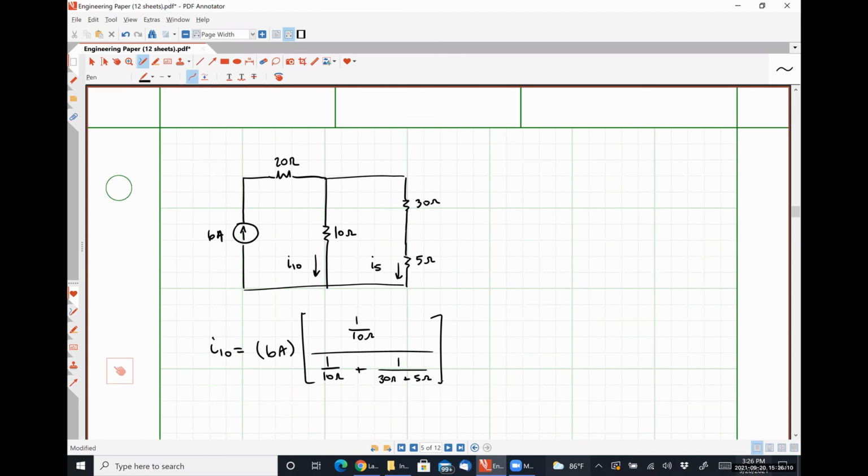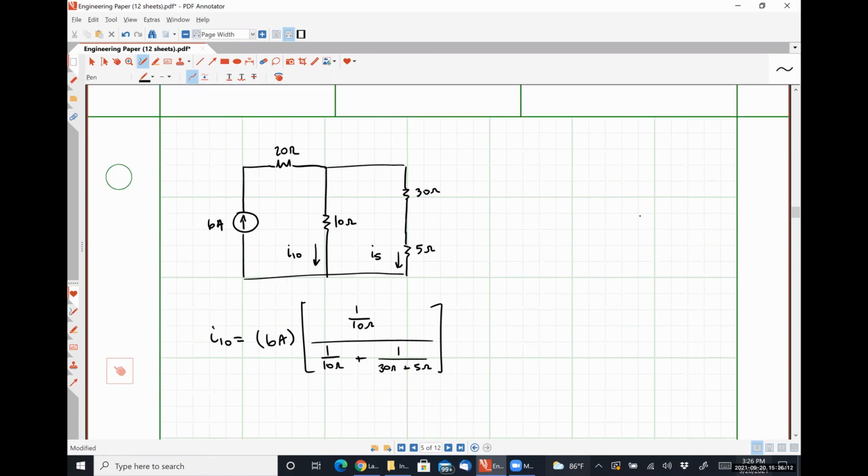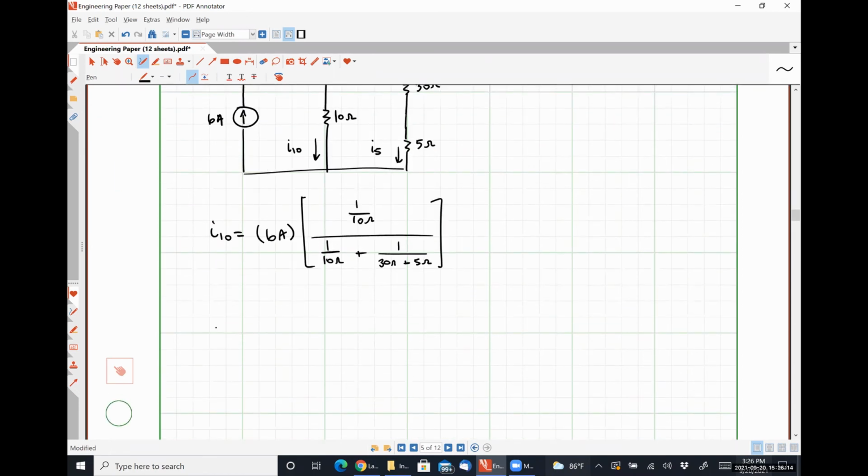What changes for I-5? All right, so we're going to have 6 amps. Our denominator is going to stay the same. What should our numerator be now? 1/35, not just 1/5.